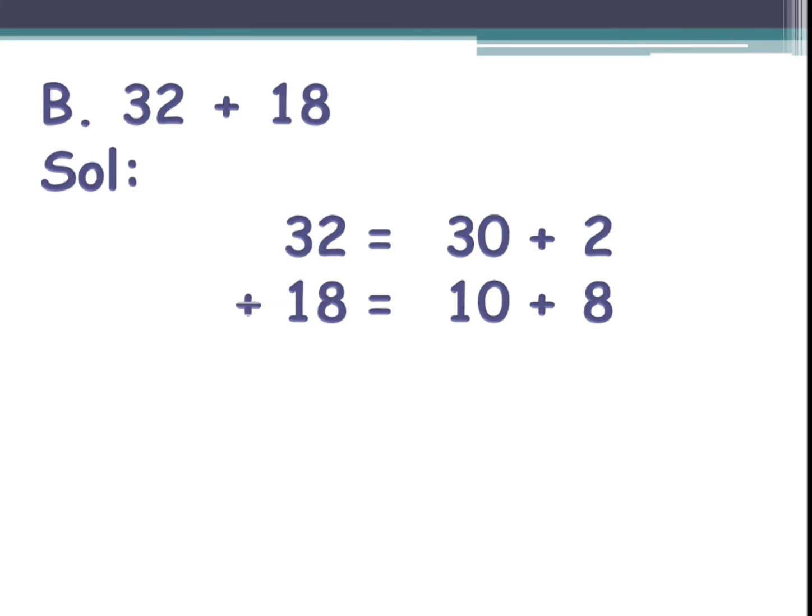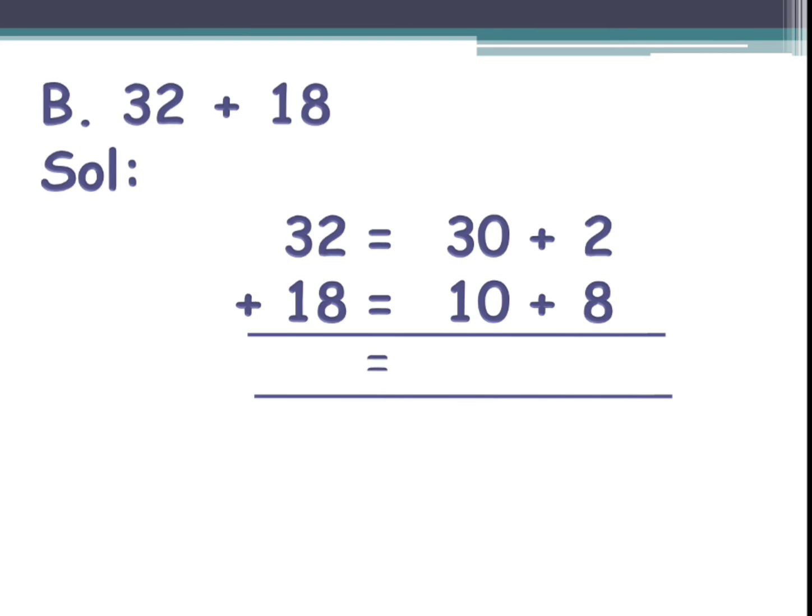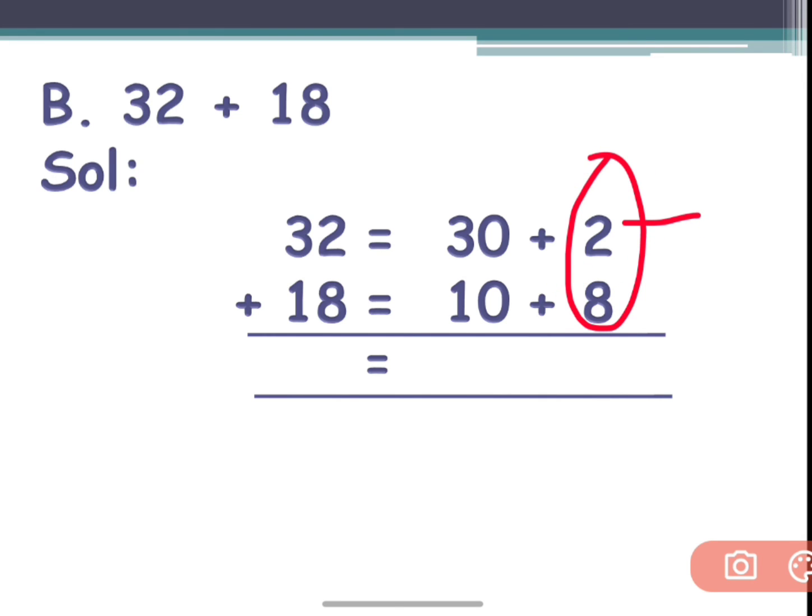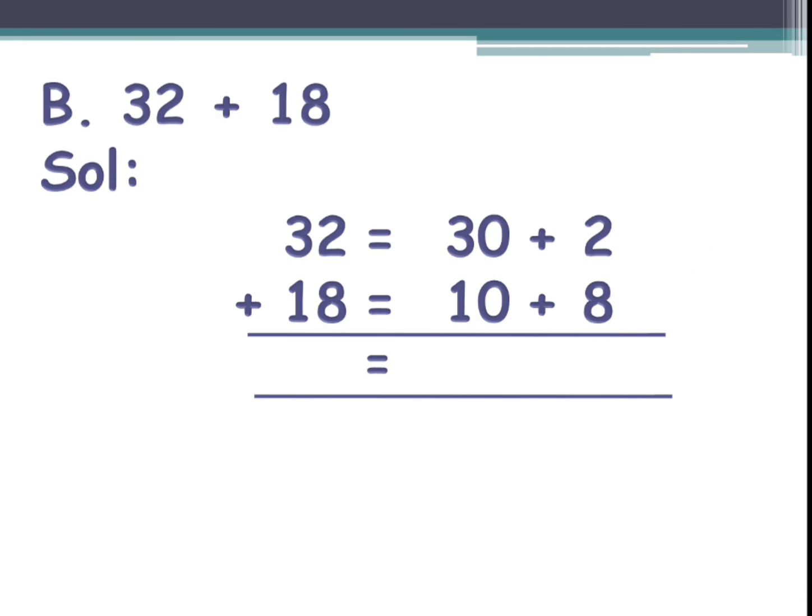Now we need to do the addition. Always we have to start from the ones place, where you have 2 plus 8. 2 in your mind, 8 on your fingers. After 2: 3, 4, 5, 6, 7, 8, 9, 10.